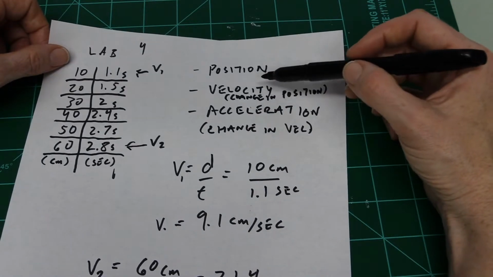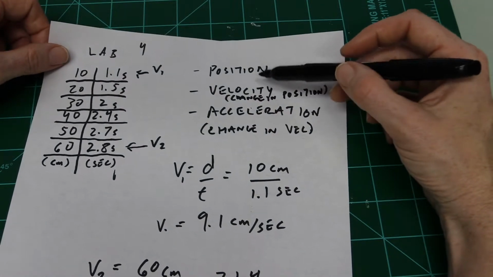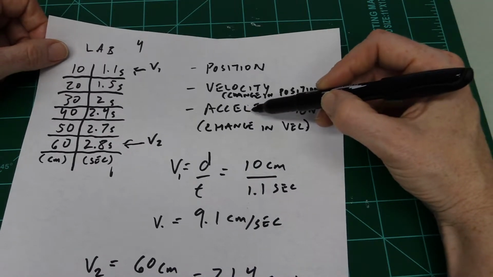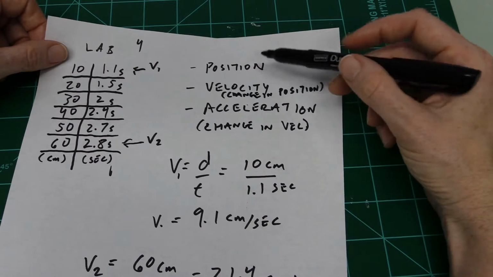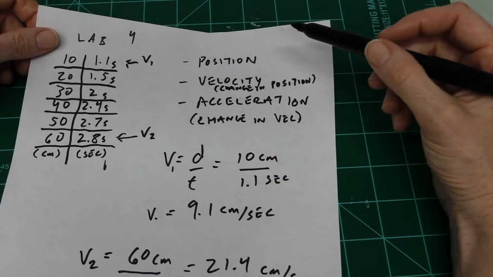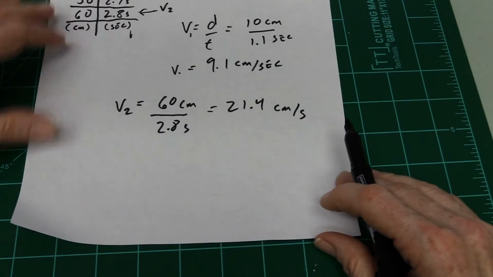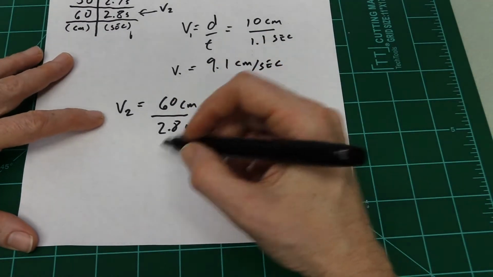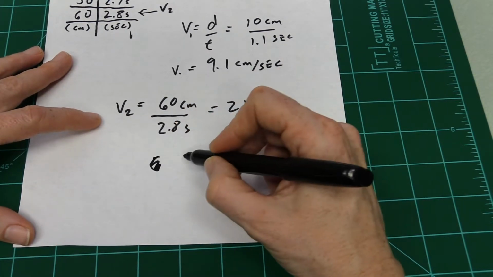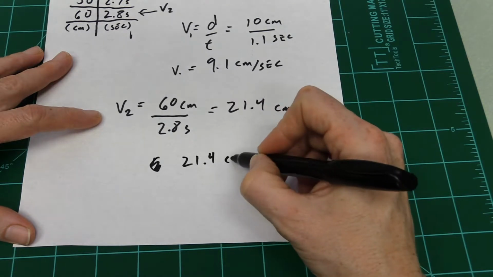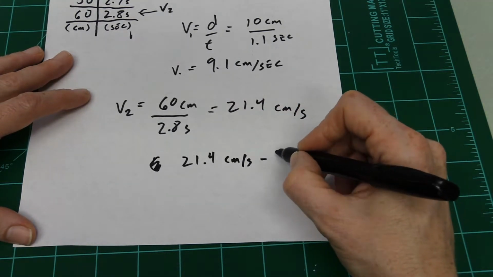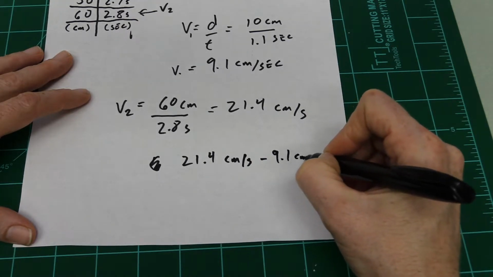Velocity is a change in position, or distance, with time, and acceleration is a change in velocity in time. These have a special relationship that you study more in calculus. To get the change in velocity with time, we say V2, which is 21.4 centimeters per second, minus V1, which was 9.1 centimeters per second.